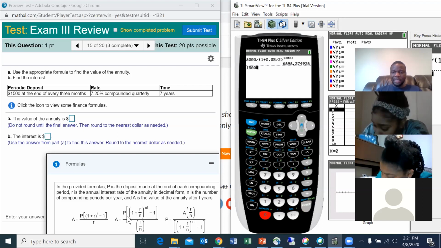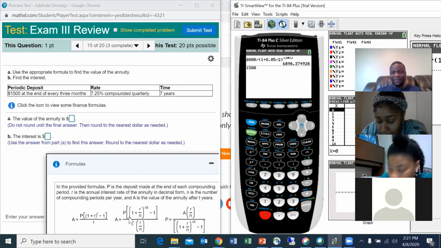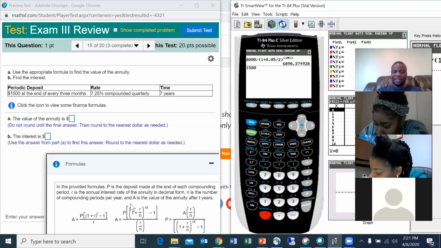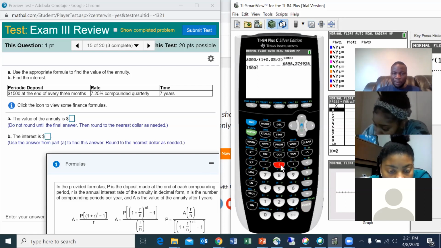There's a bracket here after P. Please do not type a bracket on your calculator. If you type brackets, it's not going to work. You're going to get an error. A bracket is still the same thing as parentheses. So instead of brackets, we type open parentheses. And after that, there's another open parentheses right after, so we type open parentheses a second time.